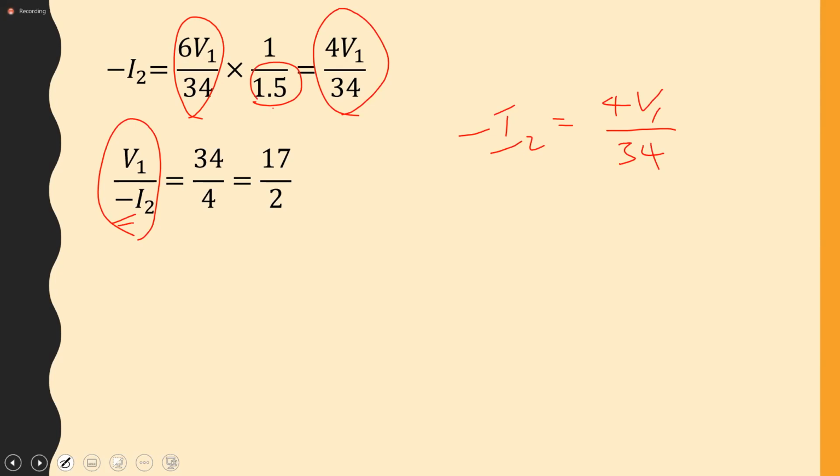I2 would have been going in what direction? Right to left. Okay, the voltage you just calculated, in what direction would it cause a current to flow through the 1.5? Left to right. So what have you calculated? Is it the negative of I2? Yes, sir. So you're all right. Thank you, sir.